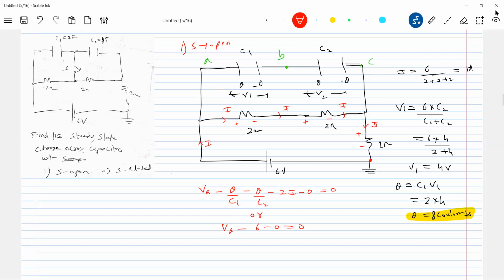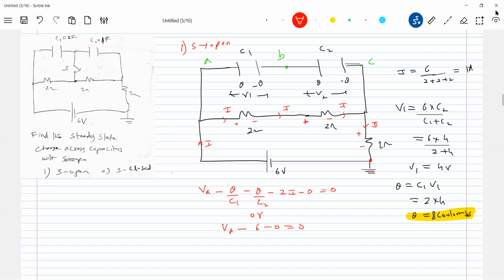Okay, after closing the switch, what will be the steady state charges across them? Sir, how did you get Q equal to 8 coulombs? C1 into V1.